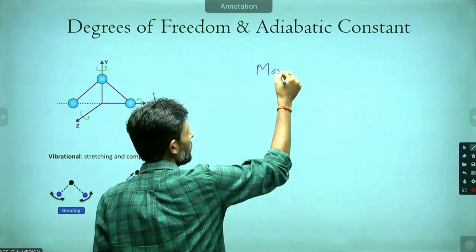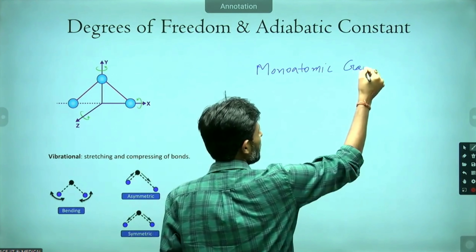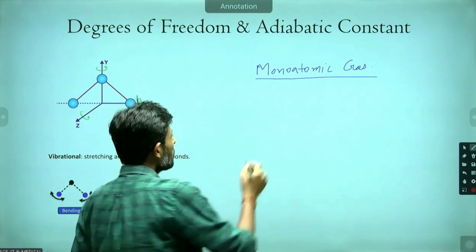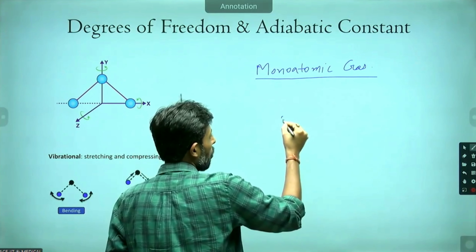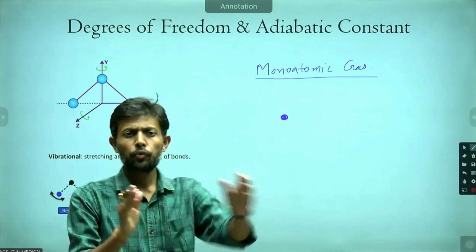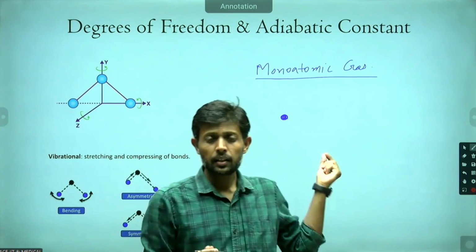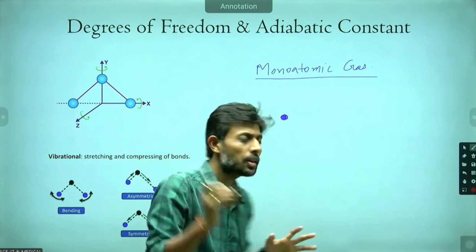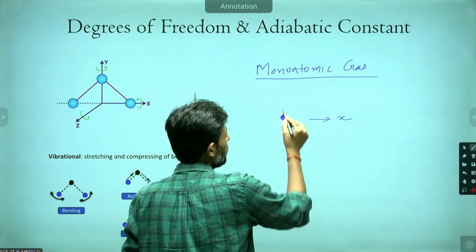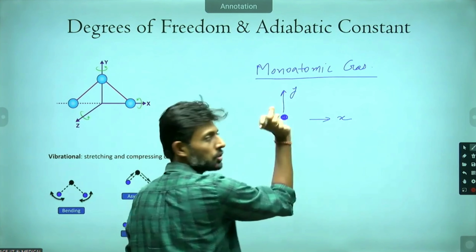A monoatomic gas is a gas which has one atom alone. So if you talk about one spherical atom like this, think about how many different ways this atom can move. This atom can only move in a 3D space. That means it can either move in the X direction, the Y direction, or the Z direction, coming out.